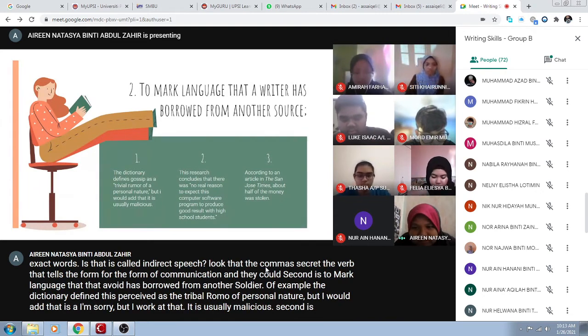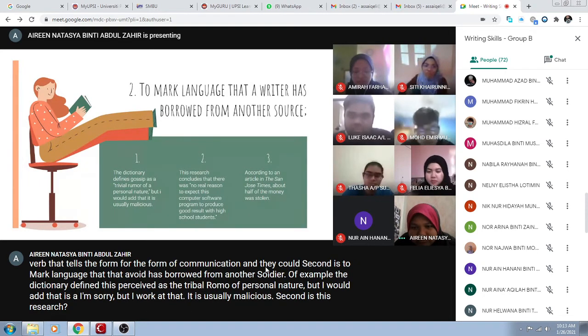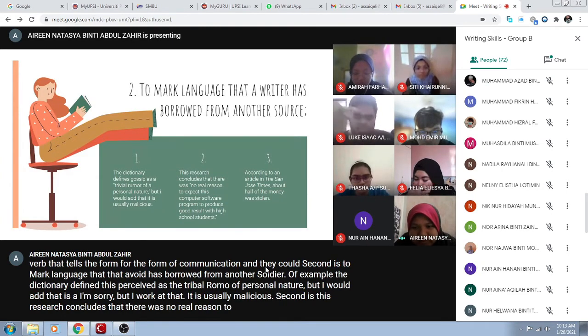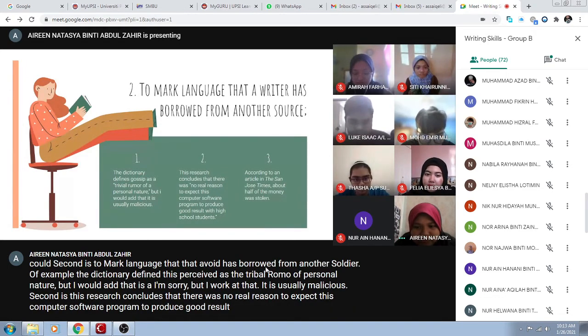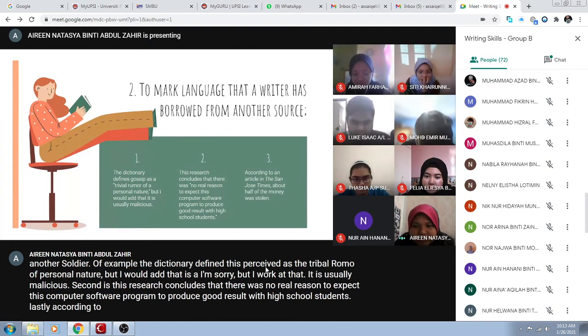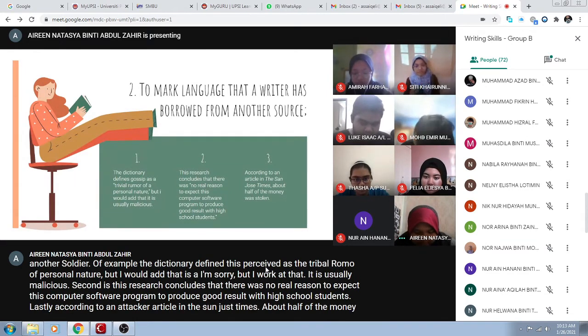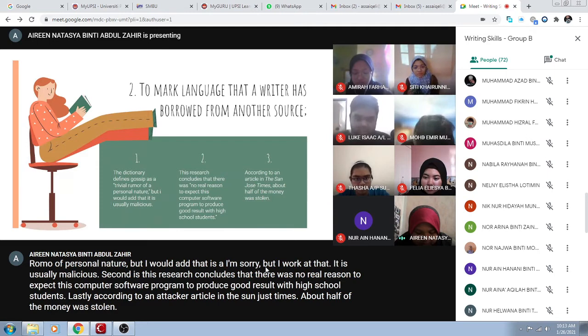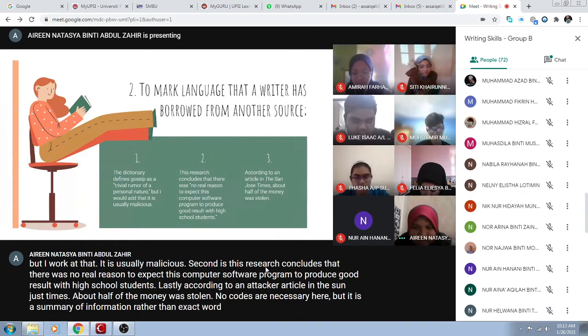Second is, this research concludes that there was "no real reason to expect this computer software program to produce good results with high school students." Lastly, according to an article in the St. Joe's Times, about half of the money was stolen. No quotes are necessary here, because it is a summary of information rather than exact words from the article.